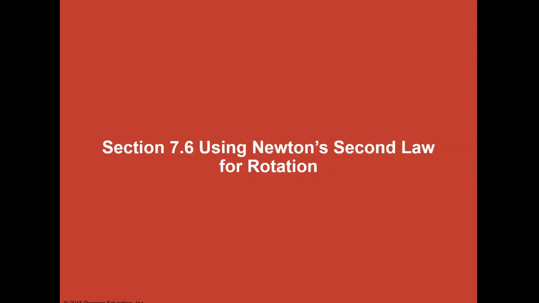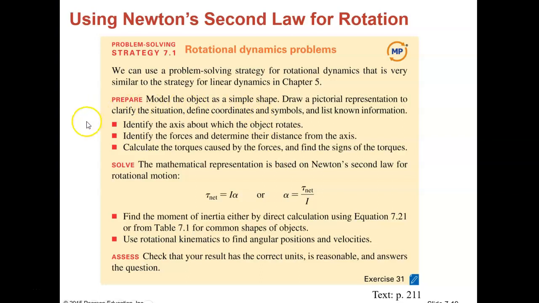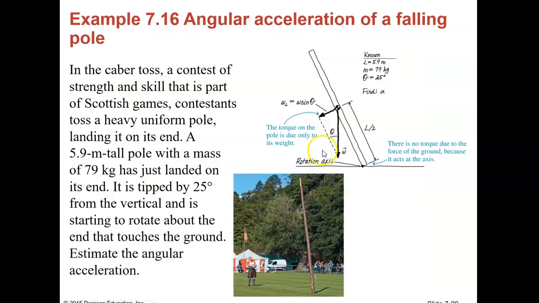All right, the next part is 7.6 about Newton's second law for rotation. Again, it's really rearranging the portion that we showed earlier, that angular acceleration is torque divided by moment of inertia. So we talk about something that rotates, like if somebody throws this giant stick called a caber.